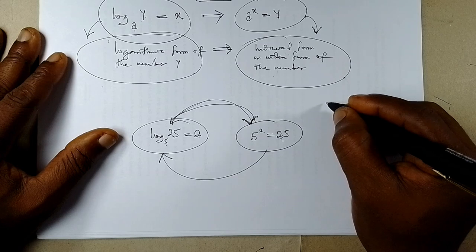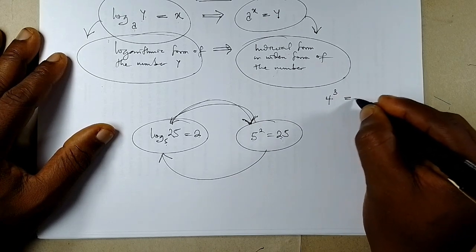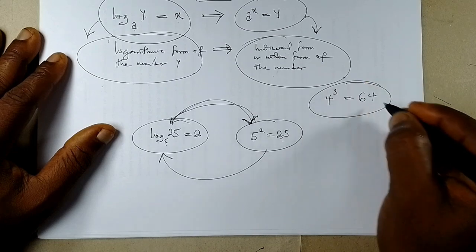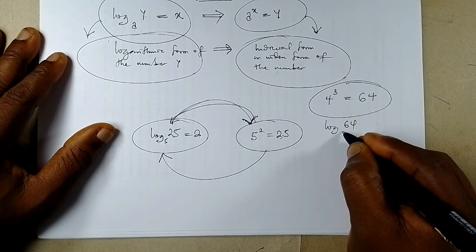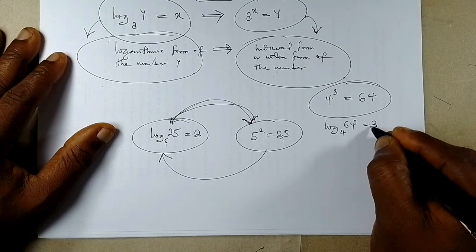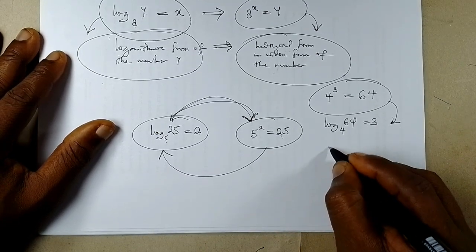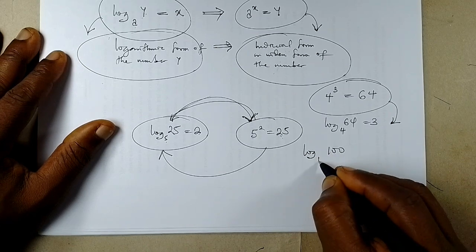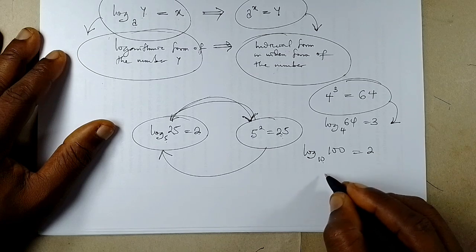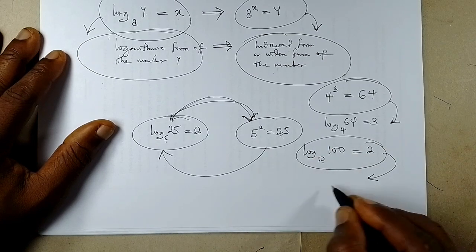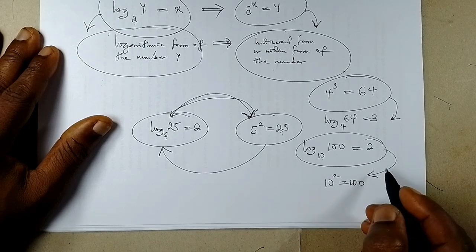Let's try some. So if I have 4 raised to power 3 equals 64 as my index form, then the corresponding logarithmic form will tell me that log 64 in base 4 is equal to 3, and that is it. If I have log of 100 in base 10 equals 2, then it means that the index form corresponding to this will tell me that 10 raised to power 2 is equal to 100. So it is that simple.